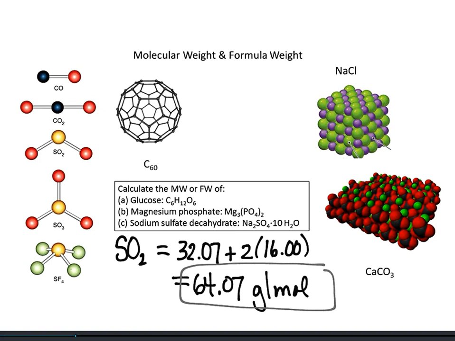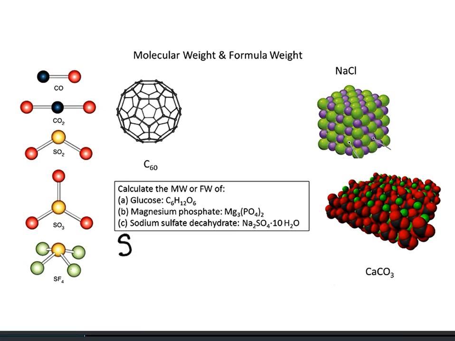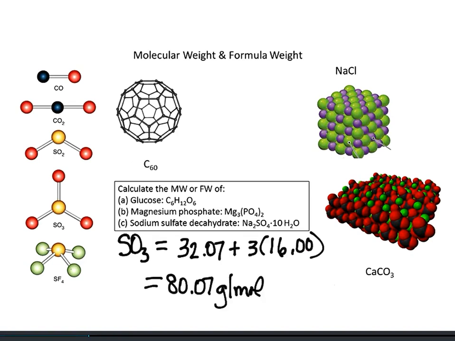That's the addition-subtraction rule. In a molecular weight and a formula weight, you're just adding a whole bunch of numbers together, so it's always just addition that you care about. Even though we're multiplying 2 times 16 here, you're really just adding 2 16s together. I'm just trying to simplify it mathematically. SO3 is 32.07 plus 3 times 16, which gives me 80.07 grams per mole.